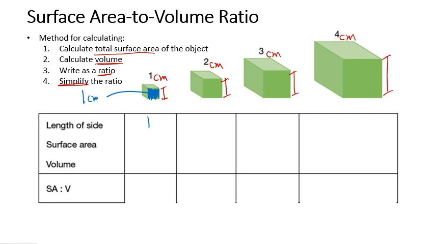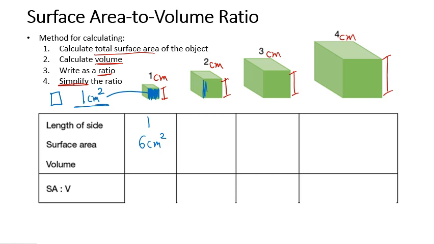So that's 1 square centimeter. We always pronounce the units for area as square centimeters because they're literally a square unit. And then we have 6 faces, so we have 1 square centimeter times 6, which is 6 square centimeters, the total surface area.